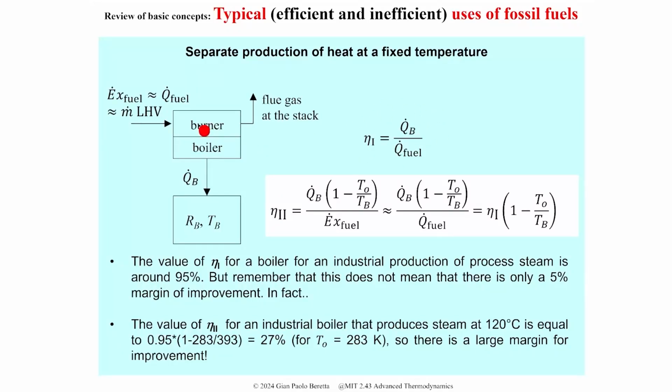It means that only 5% is lost to the flue gases through the stack. So you get 95% times the Carnot coefficient here, which makes about 27%. So in that case, the margin for improvement is much higher, like 73% to go to 100.